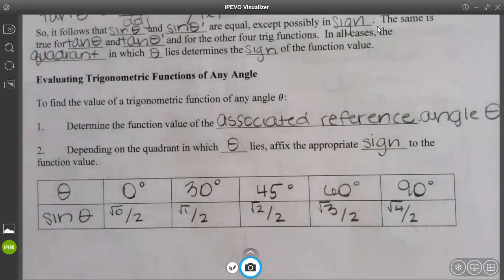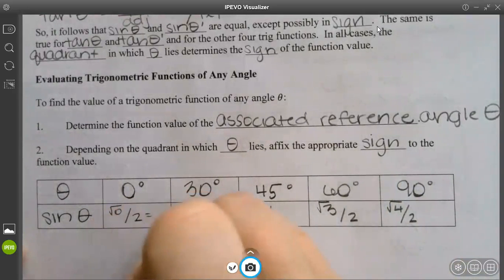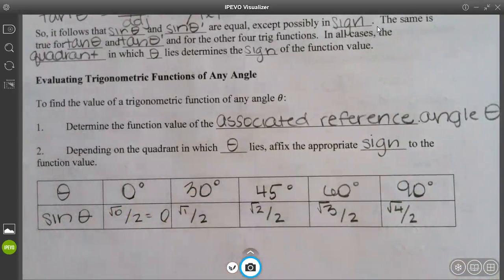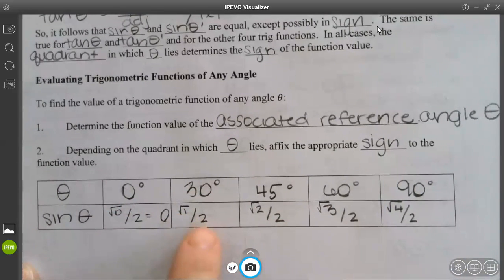So back at our unit circle that we did the other day, at 0 degrees, our sine value is going to be 0, or our y is going to be 0. At 30 degrees, what was your y coordinate? 1/2.